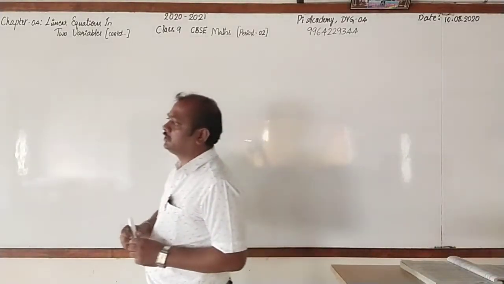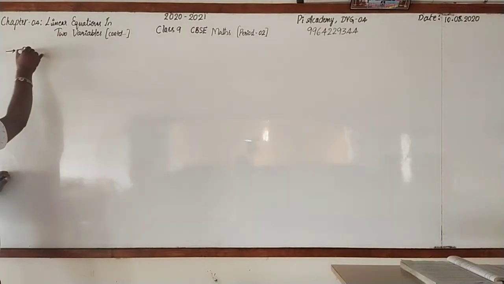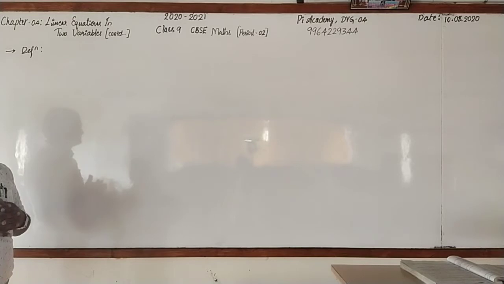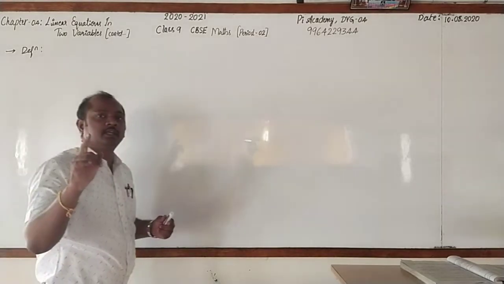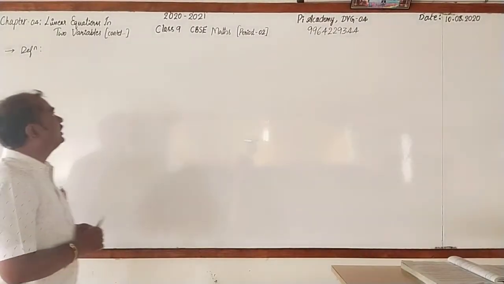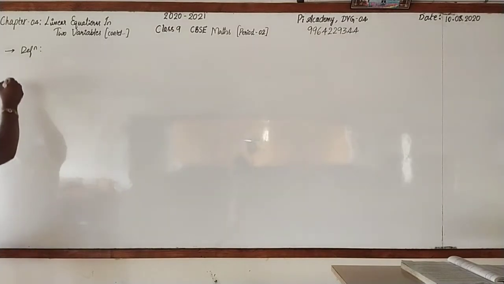Now let's continue this chapter. In the first period, we came to know the definition of linear equations in two variables, right? What is that? An equation of degree 1 with two variables is called a linear equation in two variables. Then what is its general form?